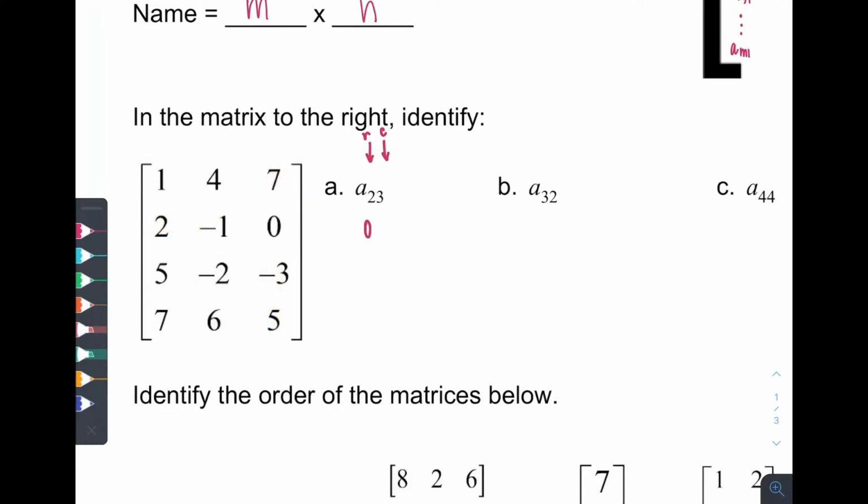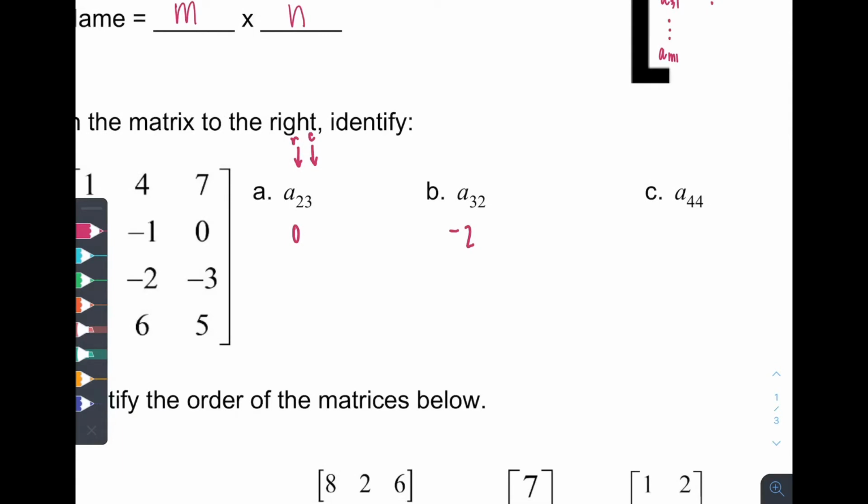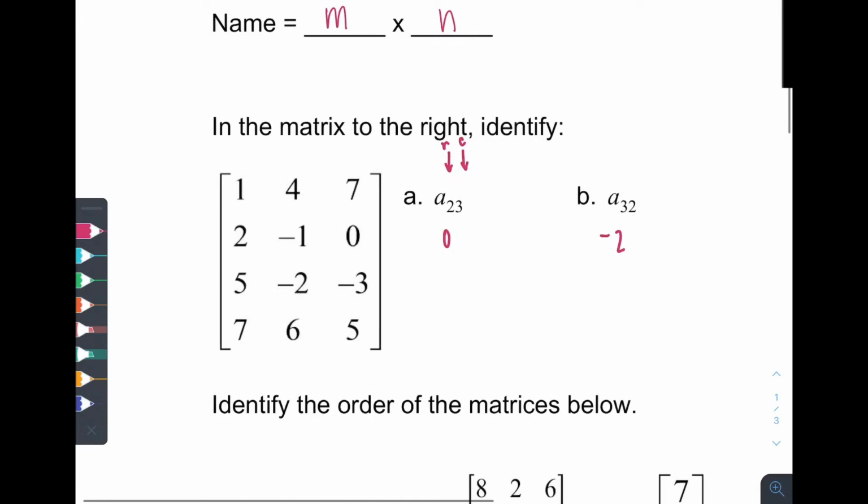For this next one, we're looking in row 3, column 2. So -2 is that value. For this next one, we don't have a fourth row and we don't have a fourth column, so this is non-applicable. Okay, this is a 4 by 3 matrix.